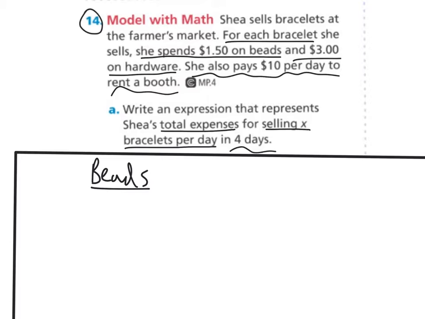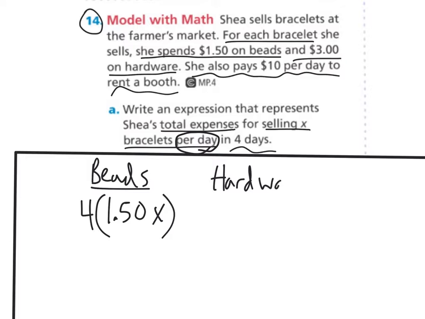So it's $1.50 per bracelet. If she sells X bracelets per day, that's $1.50 times X. Now that's for 1 day, because this is how many she sold per day. So if we do that for 4 days, she would have 4 times that amount. The hardware would be another part of her costs. So the hardware, it's $3 per bracelet.